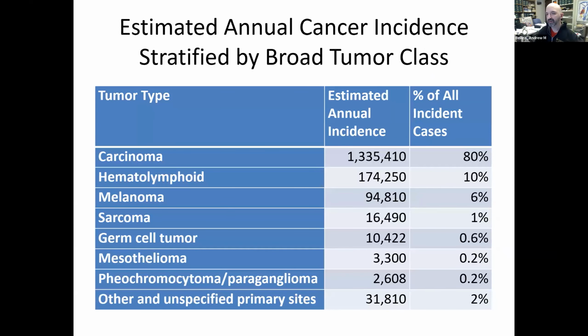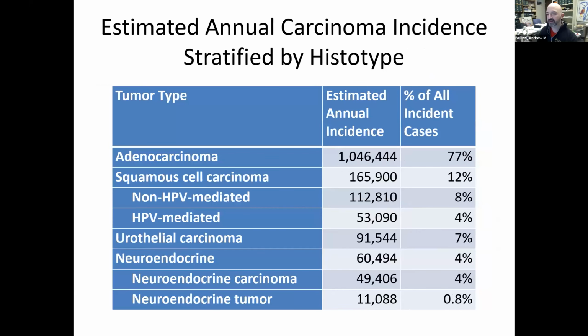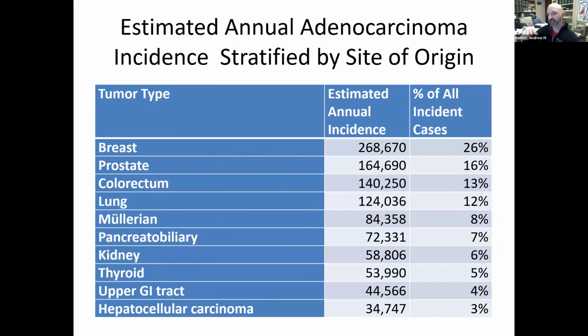Like 80% of all malignant neoplasms in the States are carcinomas, 10% lymphoma, 6% melanoma, 1% sarcoma. Everything else is very rare. Among carcinomas, 80% are adenocarcinoma. Among adenocarcinomas, these are in the States the 10 most common sites of origin: breast, prostate, colorectum, and lung.